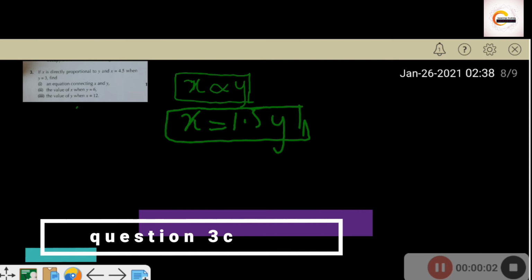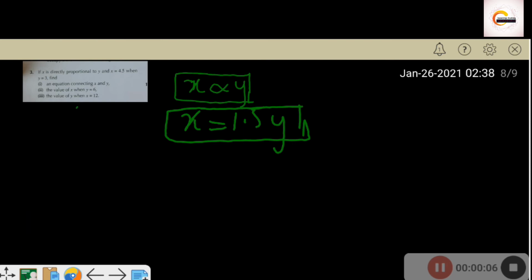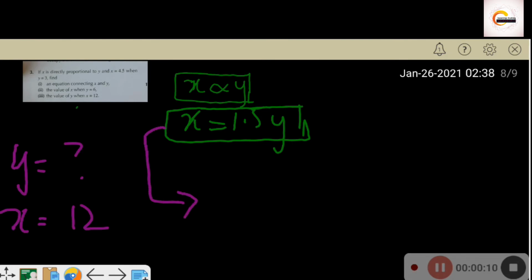Similarly, part 3, find the value of y when x is equal to 12. From the above equation, I'm going to put the value directly. 12 is equal to 1.5 into y.